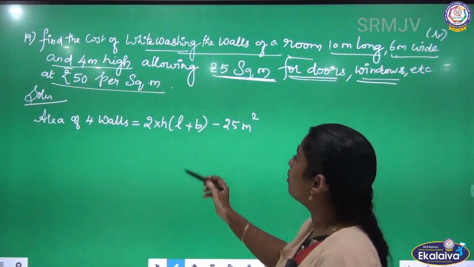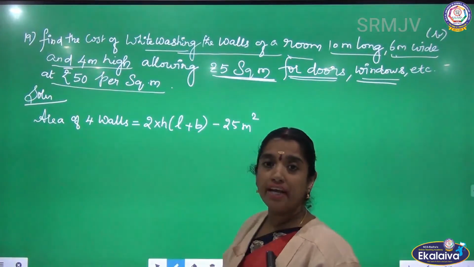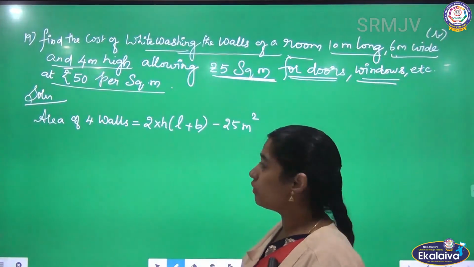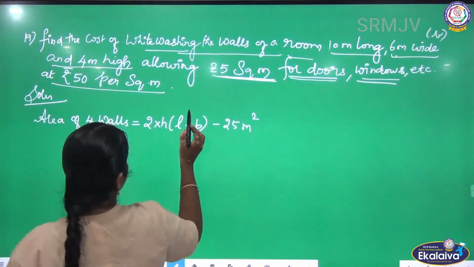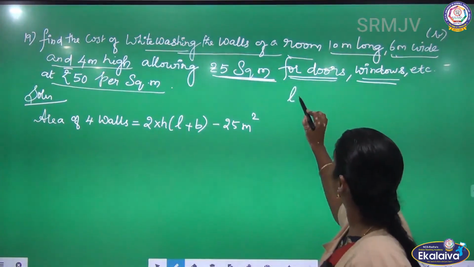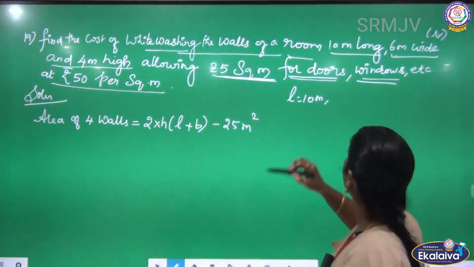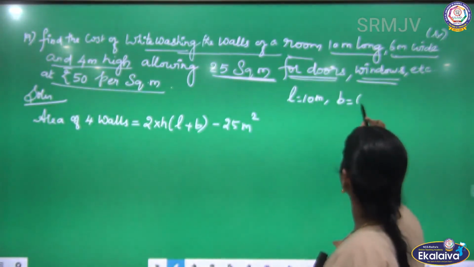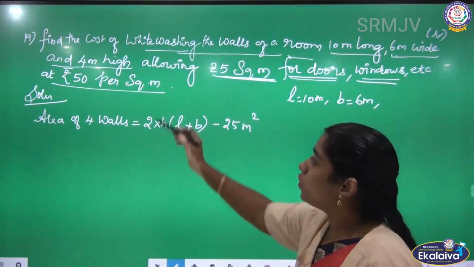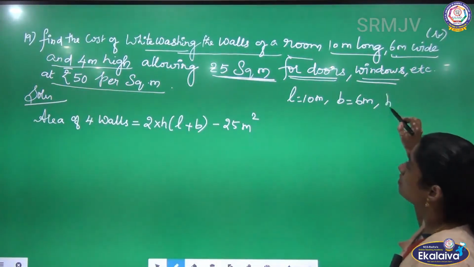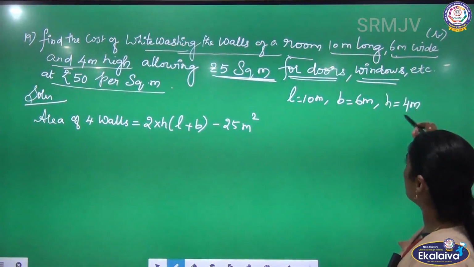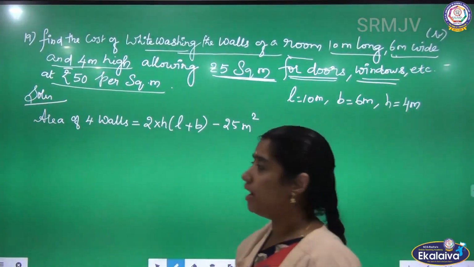Actually, area of the 4 wall formula is what, ma? 2 into height into L plus B. Okay, now right here, what is the length which is given? 10 meter. And what is the breadth they are given? 6 meter. And what is the height they are given? Which is 4 meter. Just I am going to substitute in the formula.